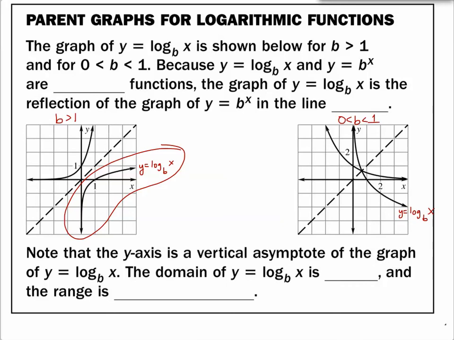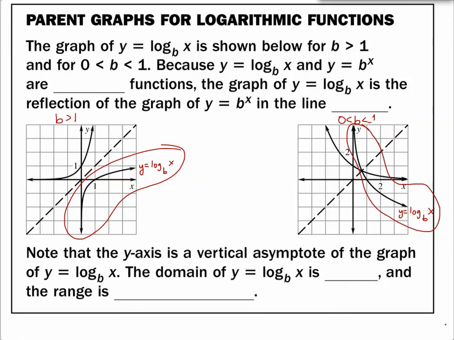It still looks like a disaster, so let me kind of circle which one I'm talking about here. I realize that's a bit ugly. I apologize, but you are certainly not required to circle as badly as I do. Okay, so that's the log graph when the base is bigger than 0 but less than 1.